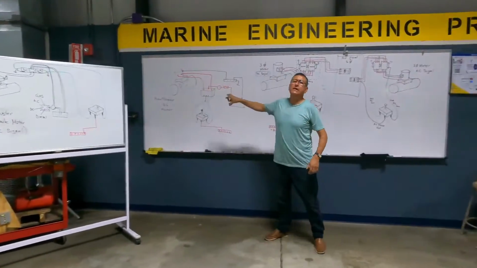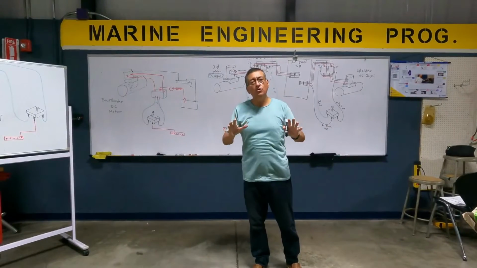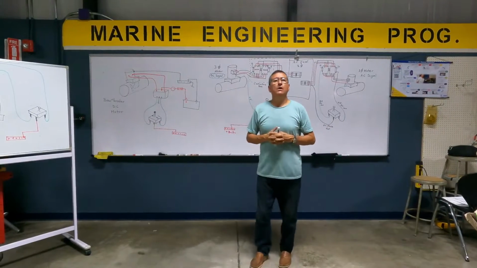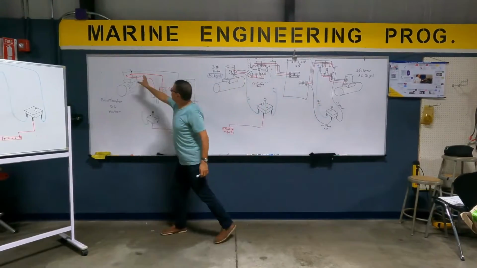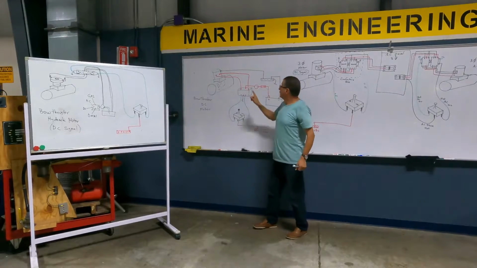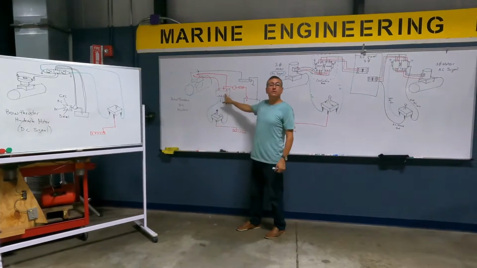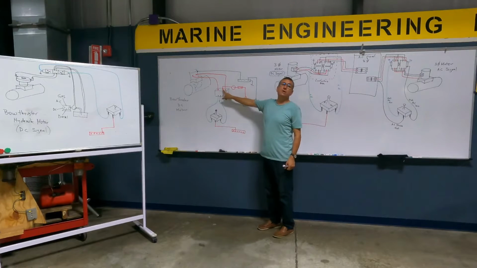We are going to refresh quickly this one. A bow thruster with a DC motor, reversible motor, of course, with DC signal. I have the bow thruster, my reversible motor, my solenoid control box, the main power enters in the middle. Where is the main power coming from?